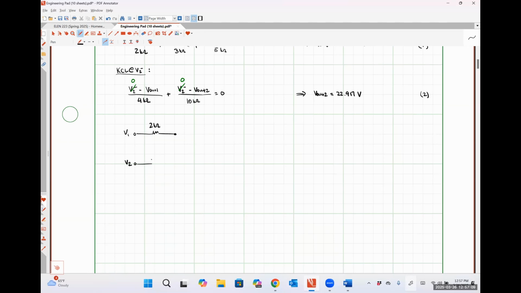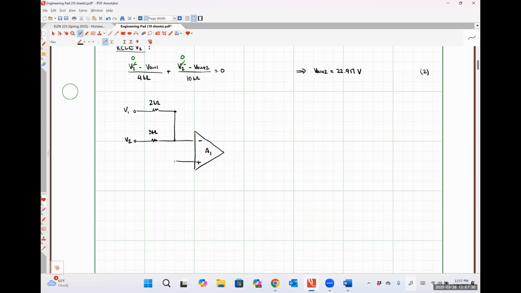Here's V2. This is a 3 kilo ohm resistor. Here's my op amp A1. Inverting terminal, non-inverting terminal. Grounding this yet again.